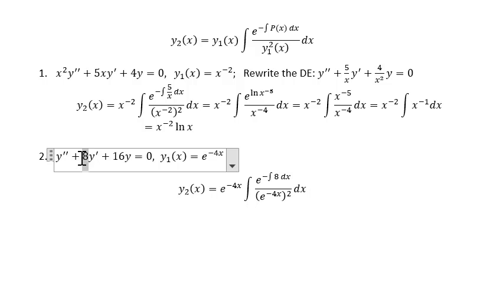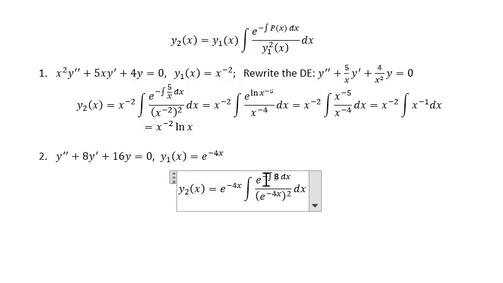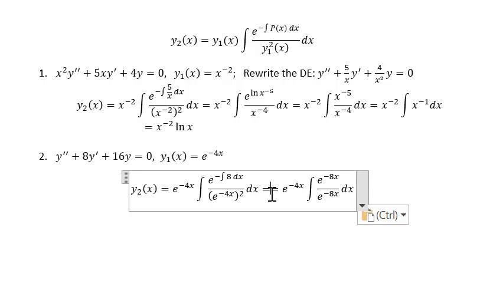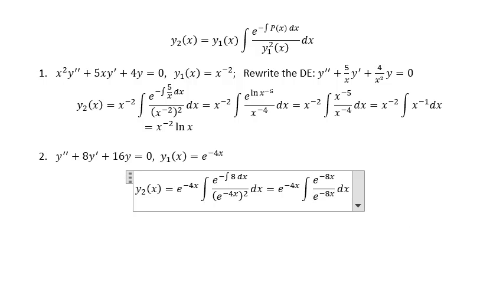And then our p is 8, and so that goes into the formula as e to the negative integral of p dx. Well, that just turns out to be e to the negative 8x. So if we put that there, e to the negative 8x, that's just equal to 1, and the integral of 1 is just x.